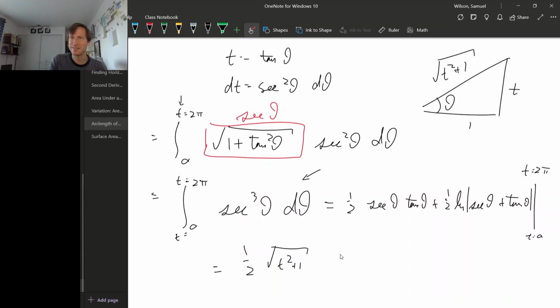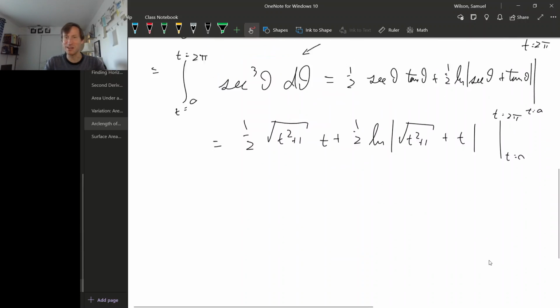Tangent theta is just t, plus 1/2 natural log absolute value secant theta, which is square root of t squared plus 1 plus t. And this is all from t equals 0 to t equals 2 pi.